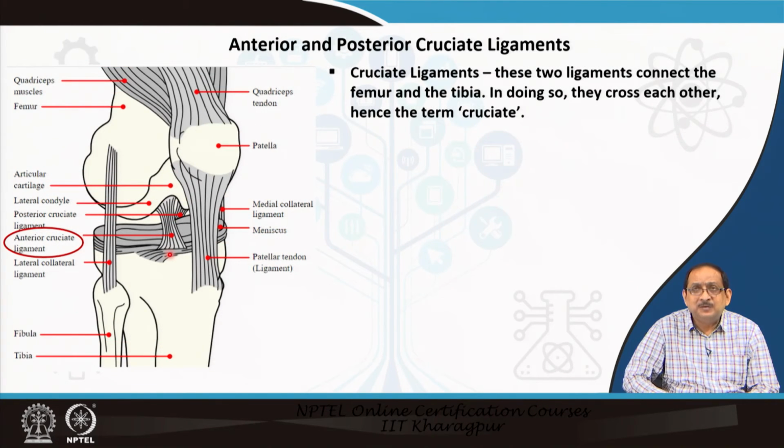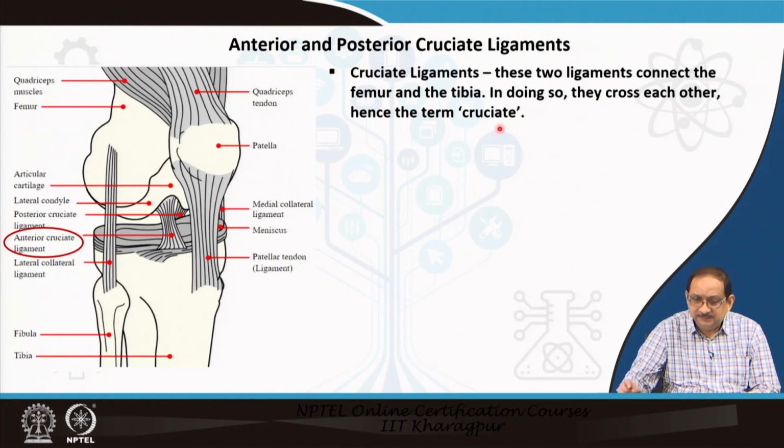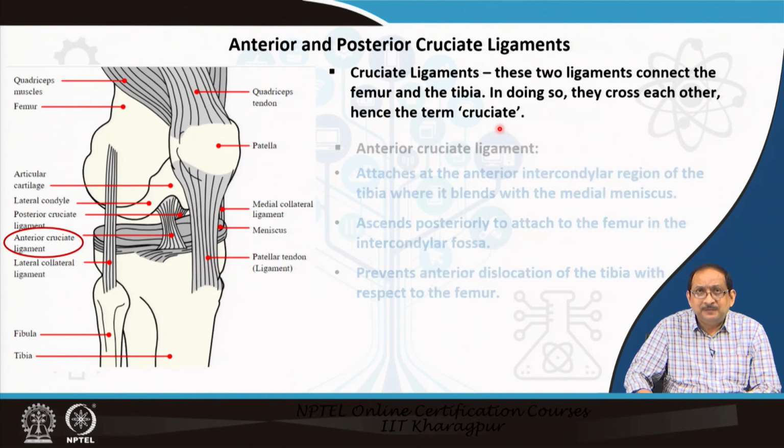Let us now discuss two very important ligaments, the anterior and posterior cruciate ligaments. These two ligaments connect the femur and the tibia. In doing so, they crisscross each other and hence the name cruciate, which is a Latin name.